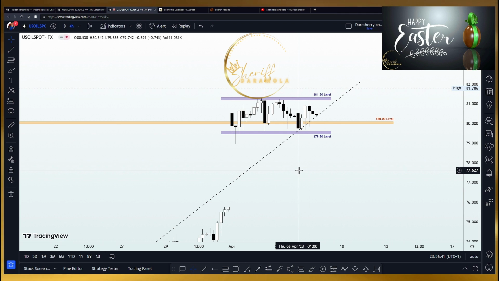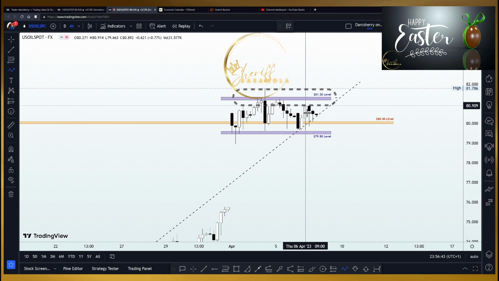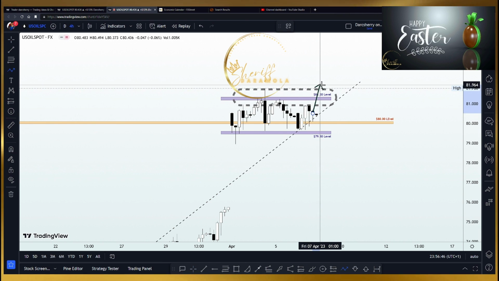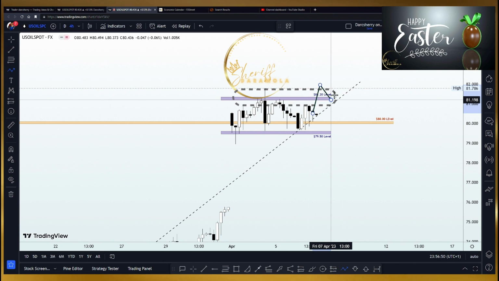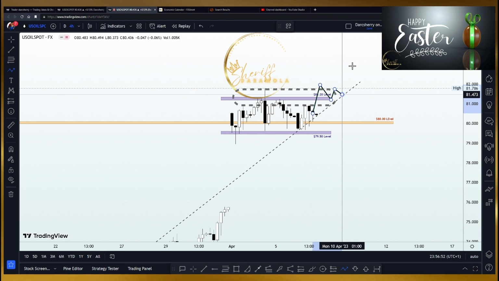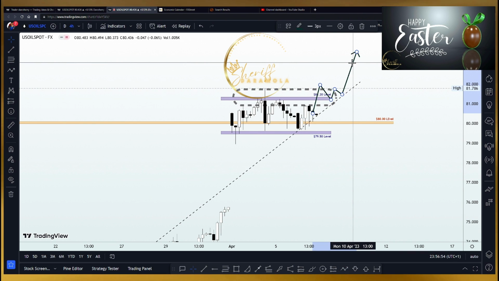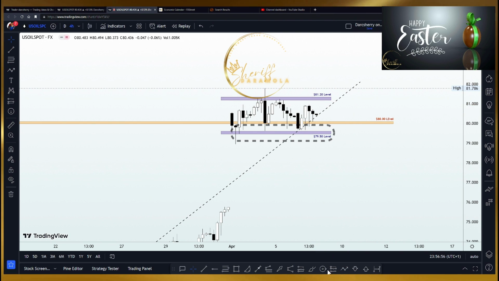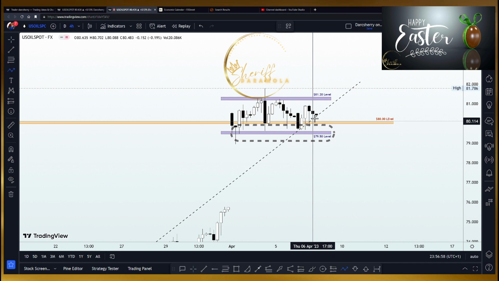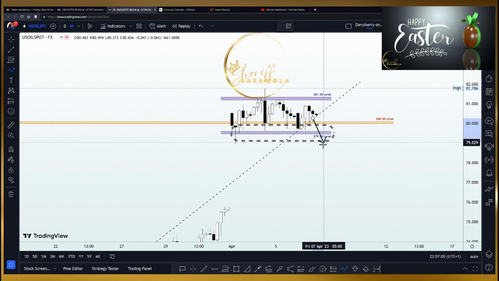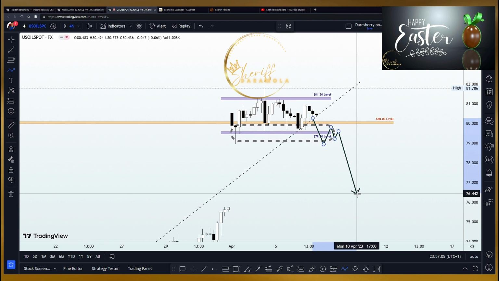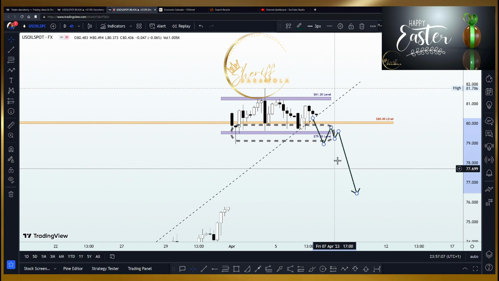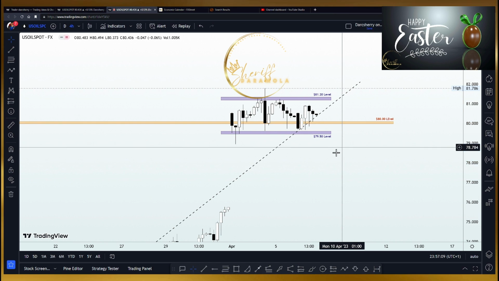We want to see price action either do a breakout of that resistance line at the $81.20 level, retest the structure respecting that trend line to give us an opportunity to buy, or we want to see price action break down the support line at the $79.50 level, where selling pressure below the structure will be welcoming an opportunity to sell. So this is what we shall be looking forward to this week on this one.